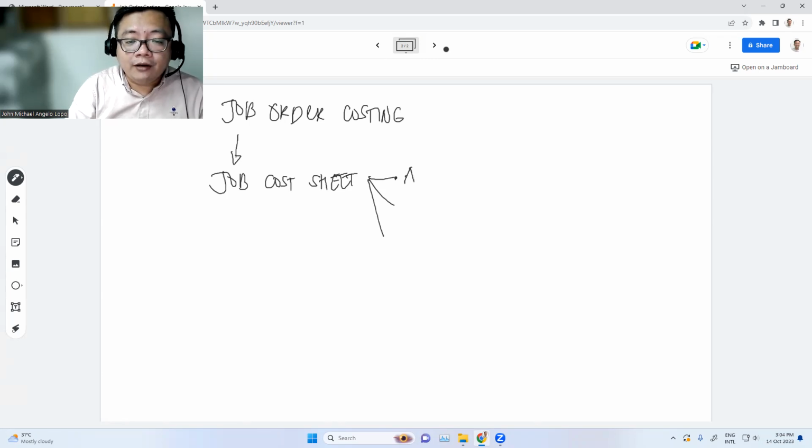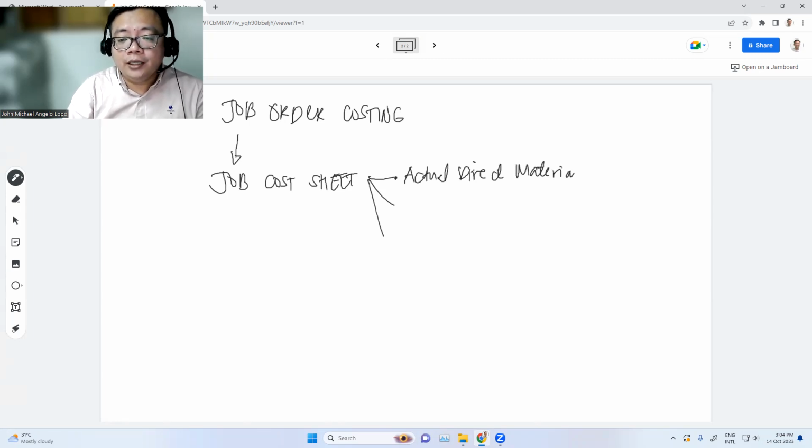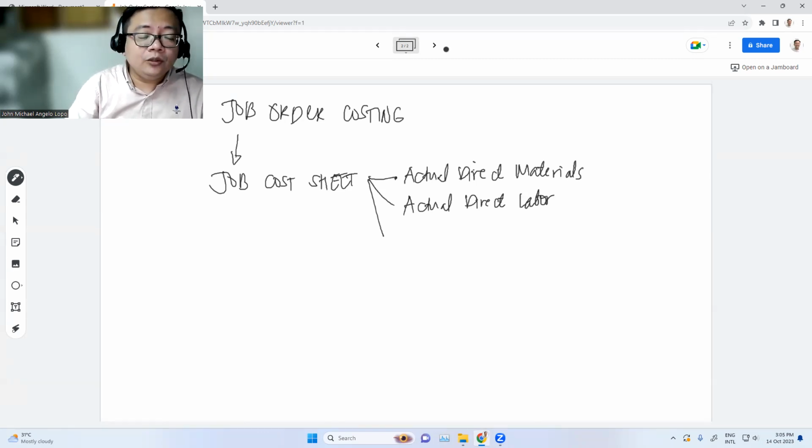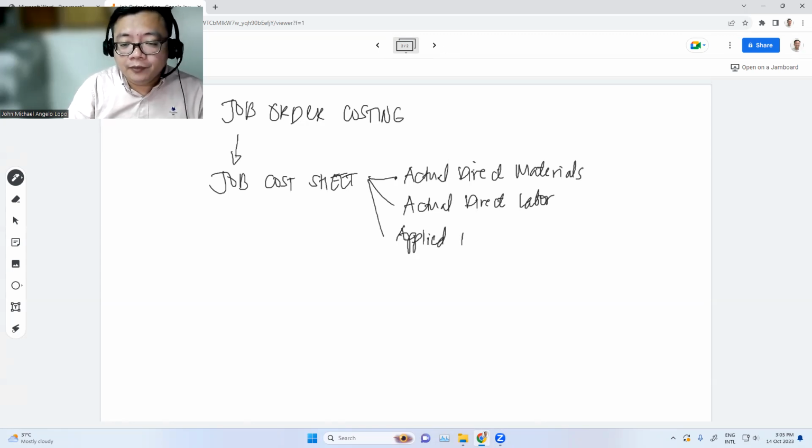So you have your actual direct materials. We will record here our actual direct labor. Please take note of your manufacturing overhead. What we will summarize here in the job cost sheet, yung tinatawag nating applied manufacturing overhead.